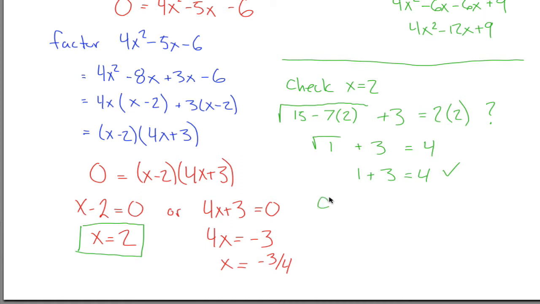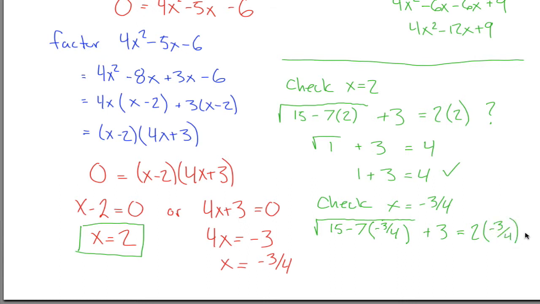However, if we check x equals negative 3/4, I think we will not get a solution. The square root of 15 minus 7 times negative 3/4, plus 3, is equal to 2 times negative 3/4? Question mark. I think this is going to end up not working. Let's see here.